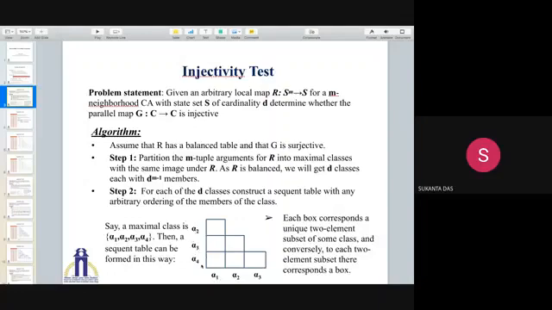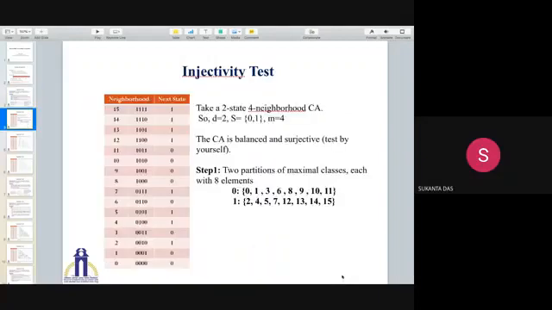But you have to form this kind of table, which is called a sequent table. Each box corresponds to a unique 2-element subset of some class, and conversely, to each 2-element subset there corresponds a box. Let me give an example so that it will be clear.